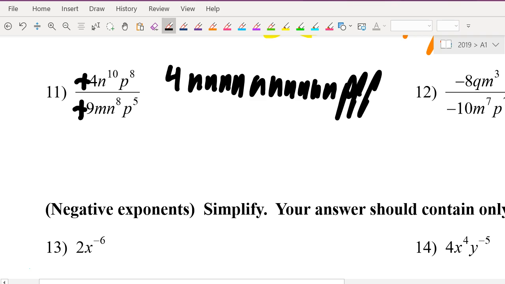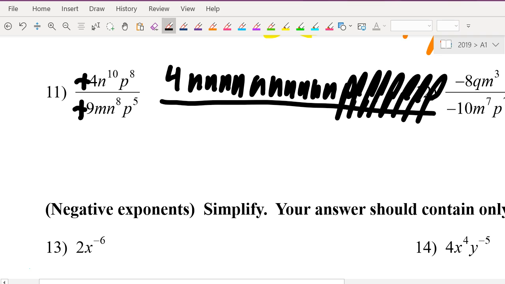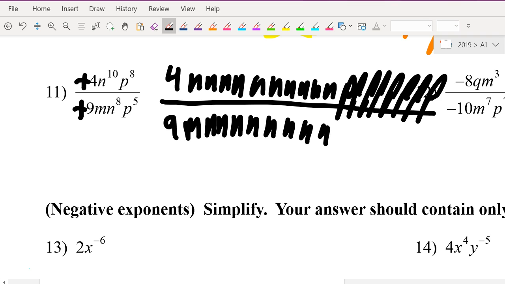Yes, and then 1, 2, 3, 4, 5, 6, 7, 8 honks. And then 9. What else? Yes, and then just 1 M, and then 8 M's. 1, 2, 3, 4, 5, 6, 7, 8. Okay, cool. And then 5 P. 1, 2, 3, 4, 5. Yep. Okay, cool. Now what?